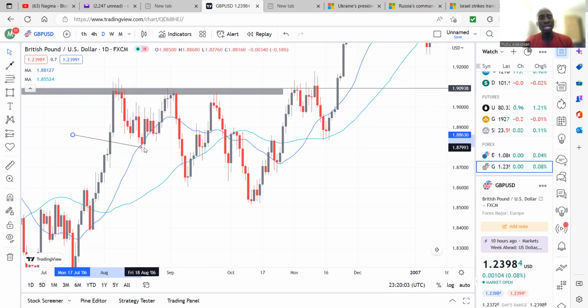So now, if you look at the margin from the neckline to the top, it's much higher compared to the profit level when price broke this level and gave us this bearish candle, which is so little compared to the size from the top to the neckline.